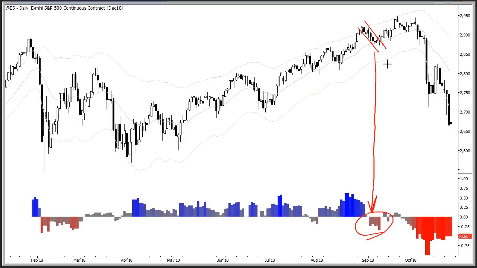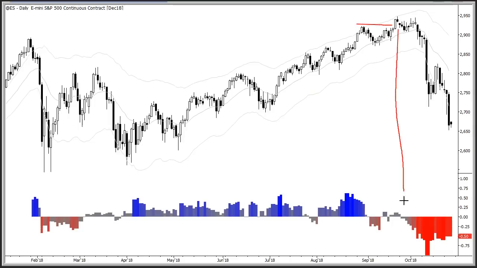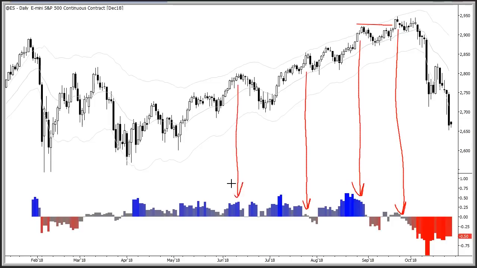Very interesting, right? This is also the only point here recently where we made new highs and we were not bullish. Every other new high, I guess that was not terribly bullish, but most of the other new highs we were maintaining a bullish to sometimes pretty strongly bullish bias.